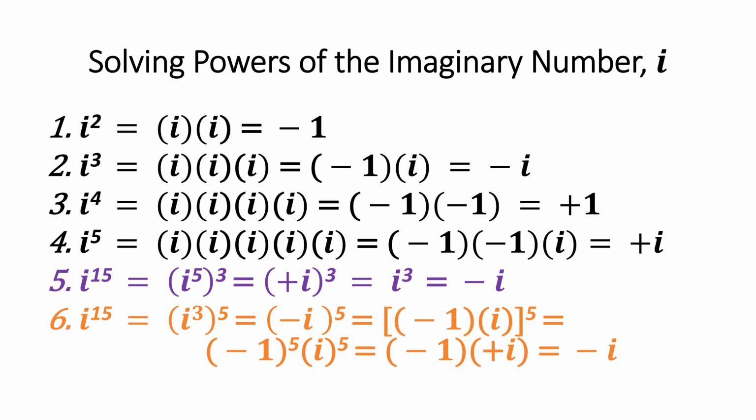Now we have i raised to the 5th power. We look at bullet 4, and i raised to the 5th power is positive i. So now we have negative 1 multiplied by positive i, which gives you negative i. So now you can see you can use the first 4 bullets to solve for any problem that has i raised to an integer power.